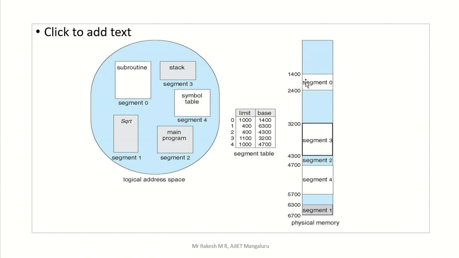We are not going to consider the size of the frame, and the frame sizes are also different. This frame size is different, that frame size is different. Frame size is only required in the paging concept. Here the size of the segment is not required, and the size of the page is also not required.